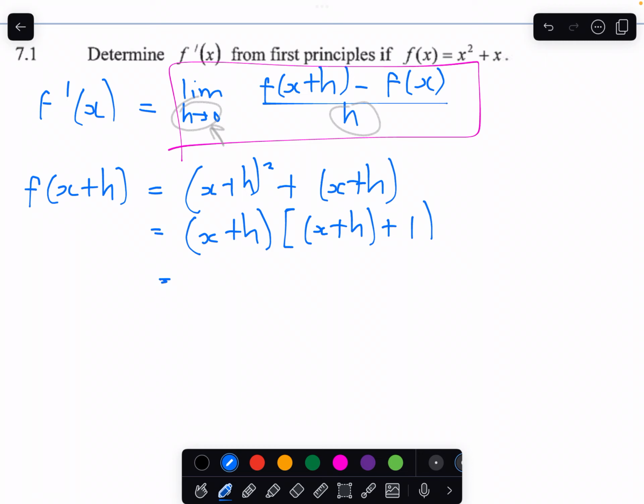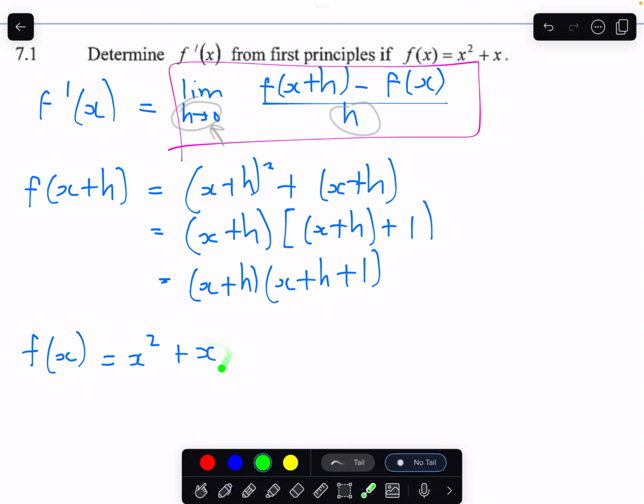I don't know if this really makes life a better place, but I'm going to pretend it does. So this is (x plus h)(x plus h plus 1). Then I'm going to multiply it out. f of x is just x squared plus x. Yes, I need to, because if I just subtract this from this, we're not really going anywhere, whereas if I multiply it out, there's a hope that some terms will cancel.